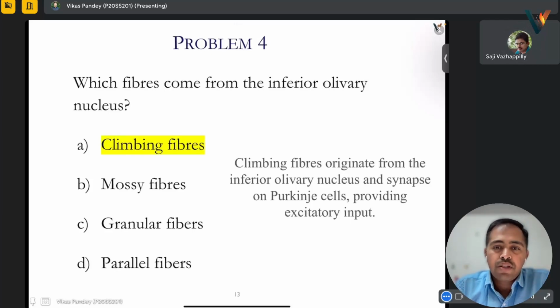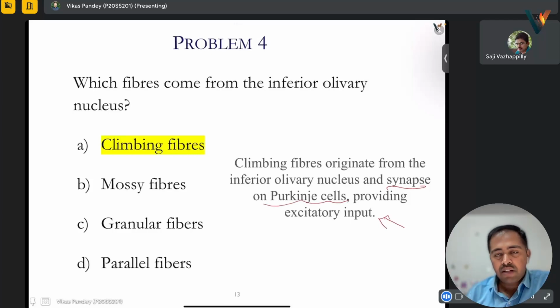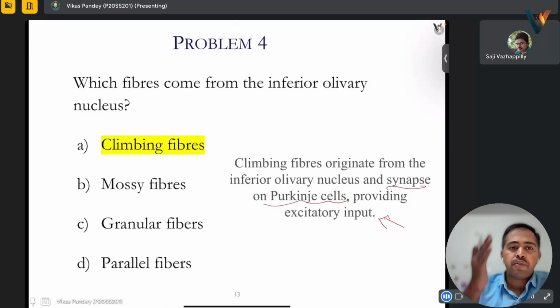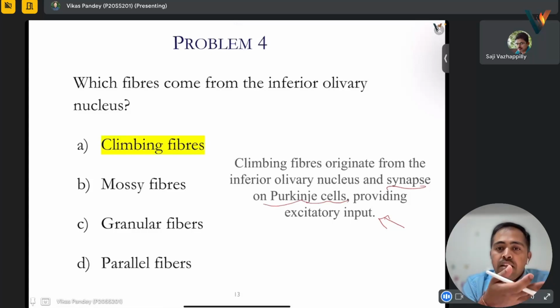They originate from the inferior olivary nucleus and they synapse onto the Purkinje cells, providing excitatory input. So excitatory input from the inferior olivary nucleus through climbing fibers to the Purkinje cells, and then the Purkinje cell gives the inhibitory output to the deep nuclei. Fine.